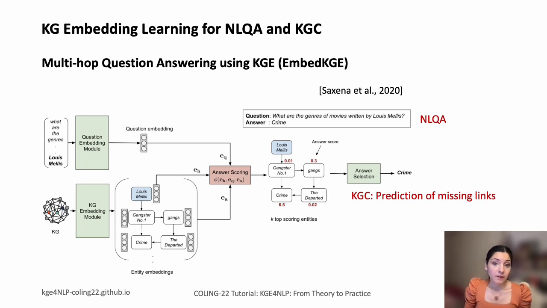Then entity embeddings are learned via the KGE embedding model ComplEx. Finally, the question embedding and the anchor node embedding are combined together to predict the answer. Thus, Embed KGE has the capability of answering complex questions requiring multi-hop queries on the knowledge graph.